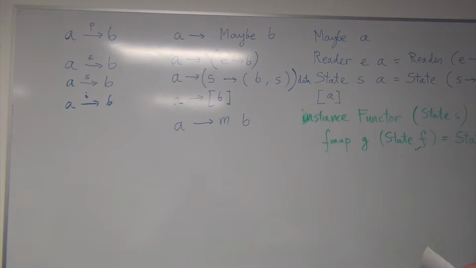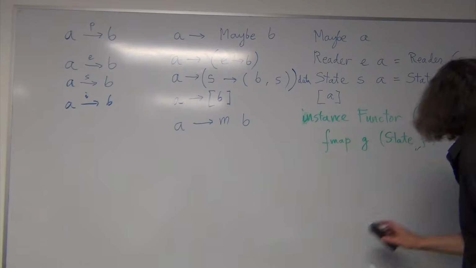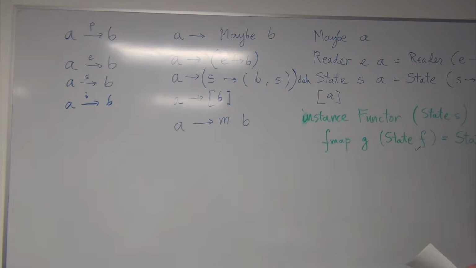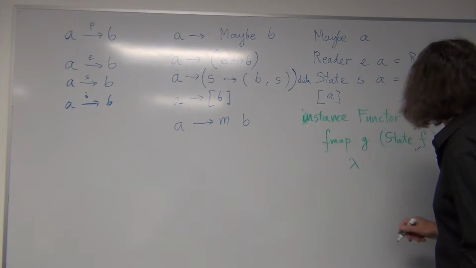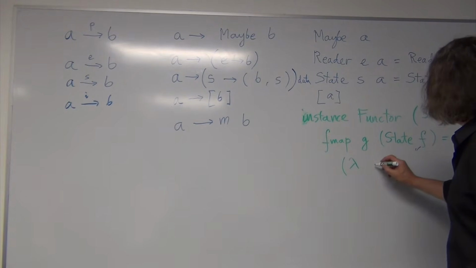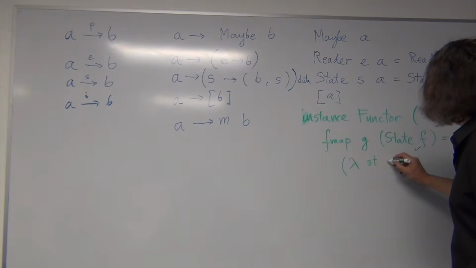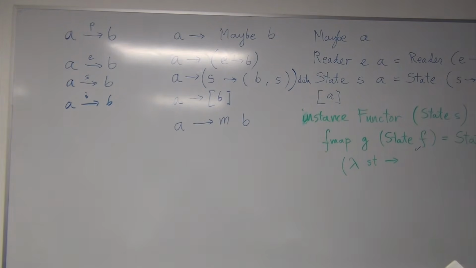So this is state of a function lambda that takes a state and produces this pair. Well, this pair was obtained by acting with F on state.